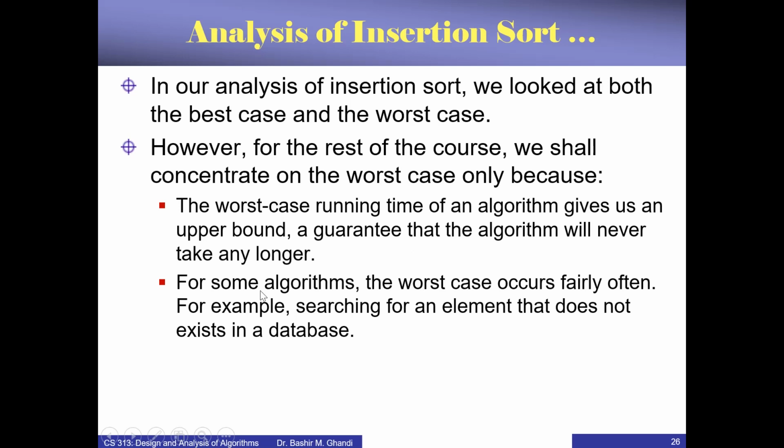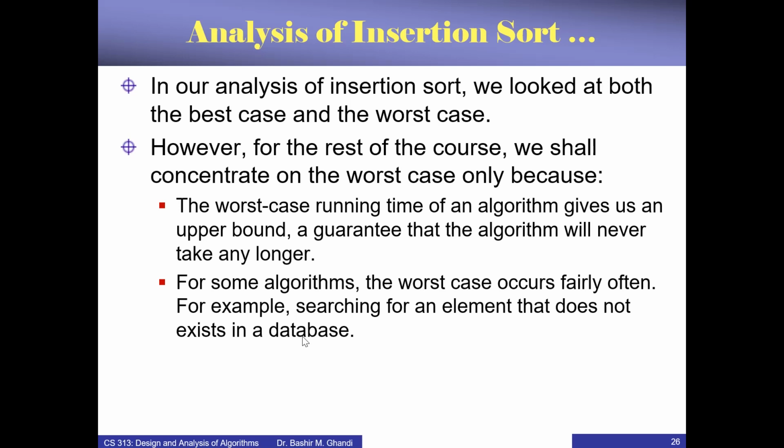The second point is that for some algorithms, the worst case actually occurs fairly often. In other words, many times you will find that the algorithm performs in its worst case. For example, when searching for an element that doesn't exist in the database, you have to check all the elements, so the performance there will be in the worst case scenario.